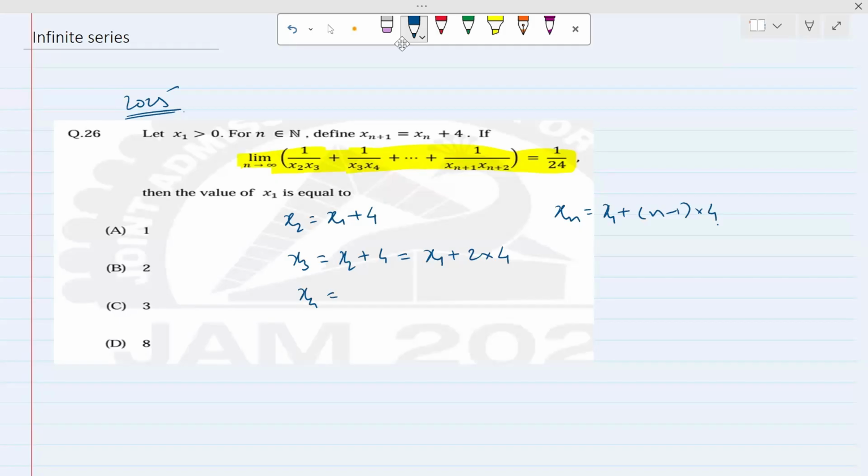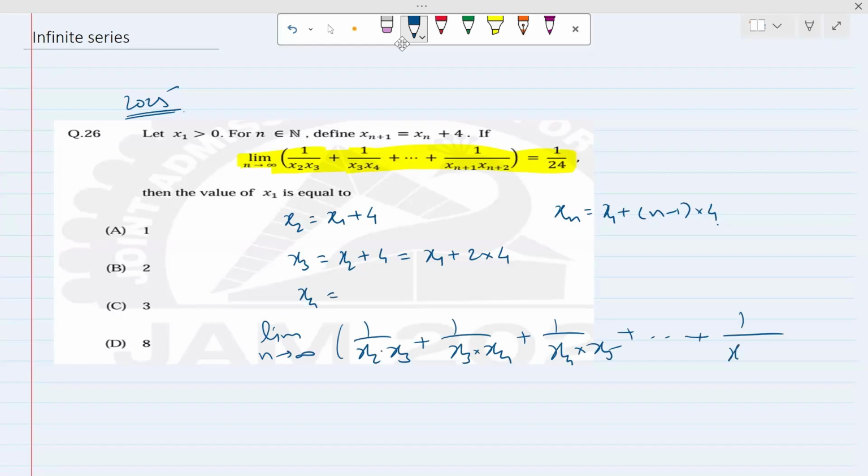How will you use this information? Forget about the value of the limit. Suppose you want to evaluate this limit: 1 upon x2 into x3 plus 1 upon x3 into x4, the next term will be 1 upon x4 into x5 and so on till 1 upon x_{n+1} into x_{n+2}.